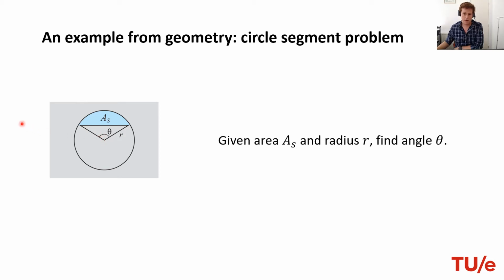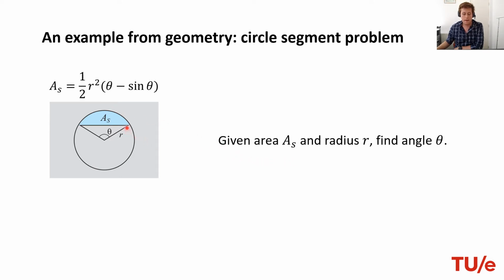I'm going to spare you the geometrical details and give you the expression of this area as a function of r and theta. If you want, you can check out how this function is derived, but I'm not going to discuss that in this lecture.